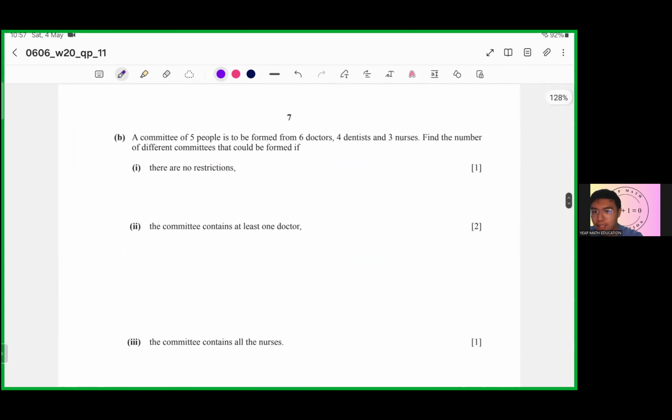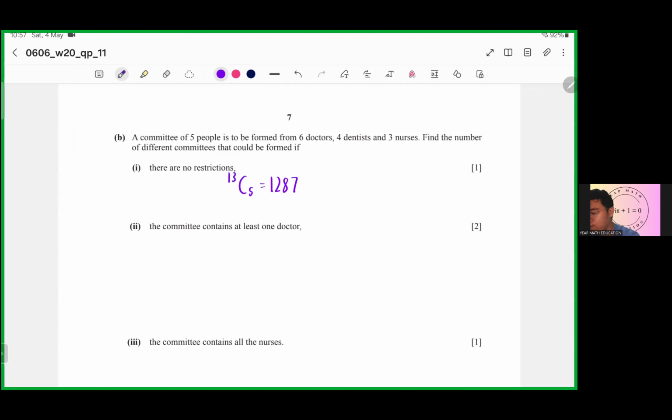Whatever lah, doctors, dancers, and nurses also can. So 13C5 equals to 1287.